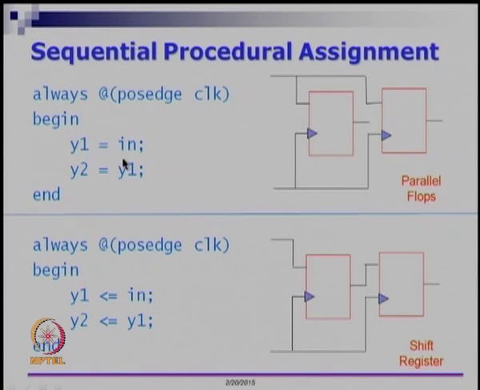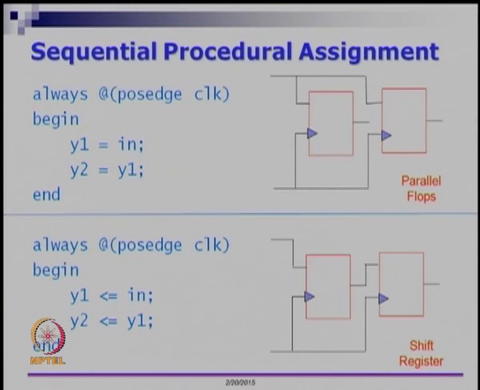Y1 and Y2 are not continuously getting values; this is not a continuous assignment, this is a sequential procedural assignment. Only when the clock pulses come in, Y1 and Y2 will change, which means we are modeling with flip flops.